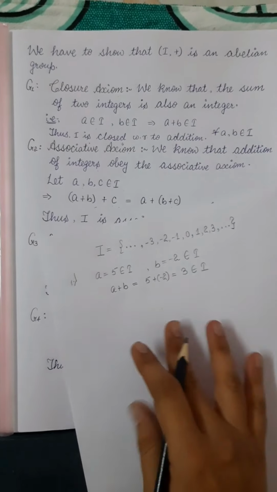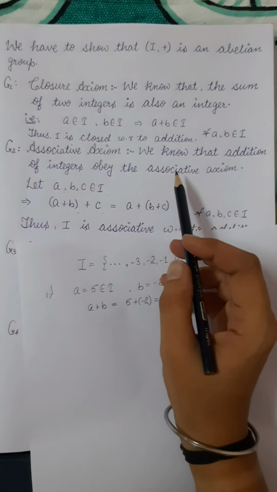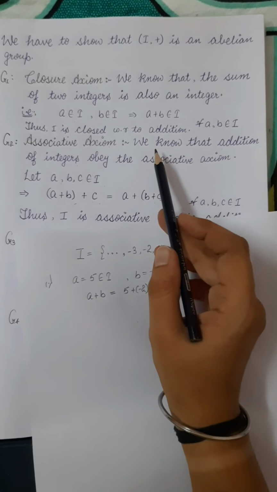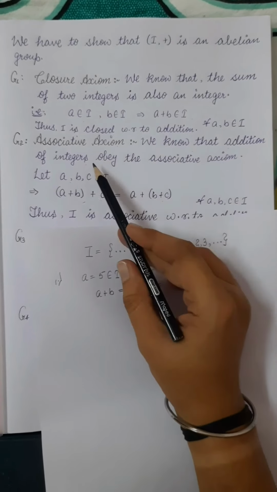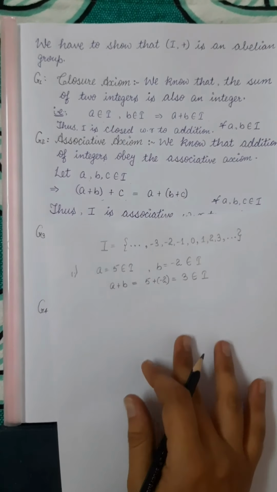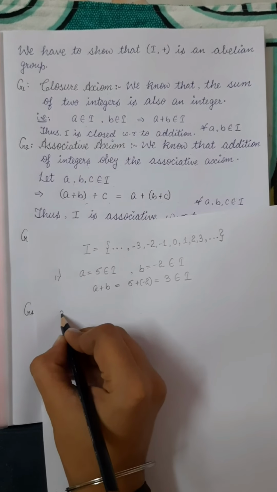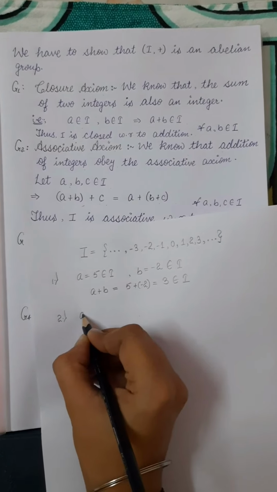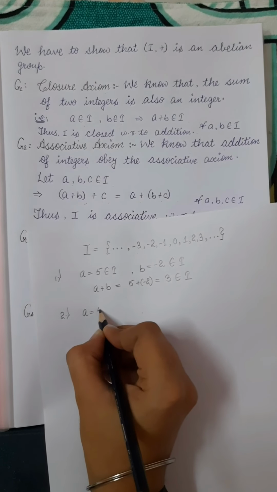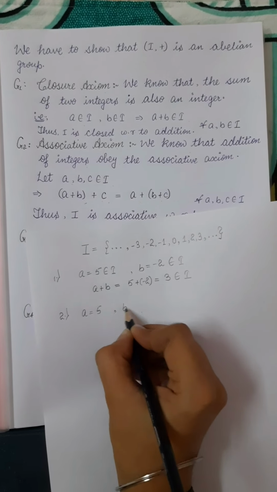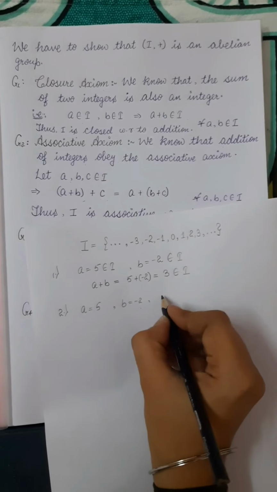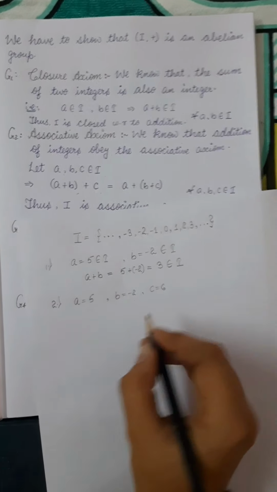Now, the next is the associative axiom. Associativity: we know that addition of integers obeys the associative axiom. Again, we take a, b, c. Let a = 5, b = -2, c = 6.